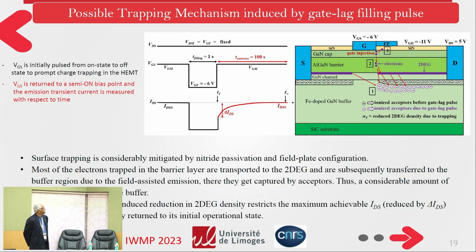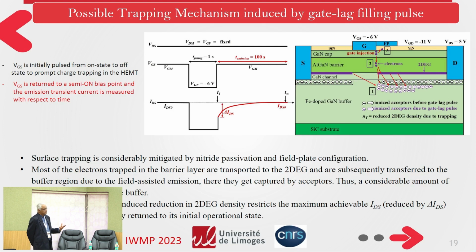We use a filling pulse of 1 second, and the VGS fill voltage is -6 volts. After that, for the emission, we use an emission time of about 100 seconds. VGS is then switched to a semi-on bias point, and the emission transient current is measured with respect to time.